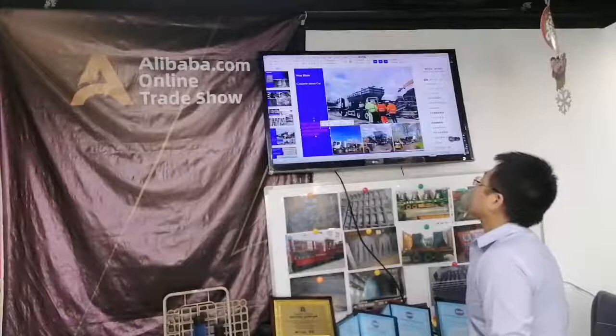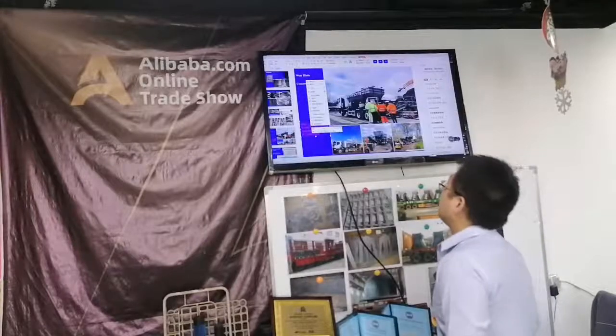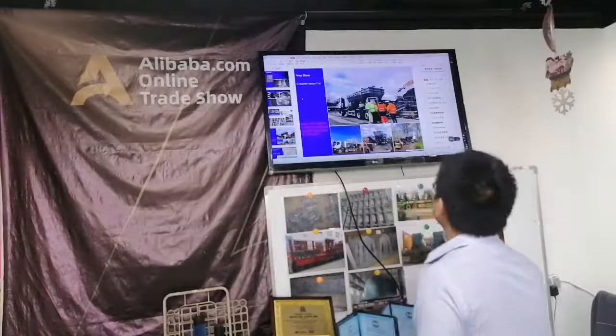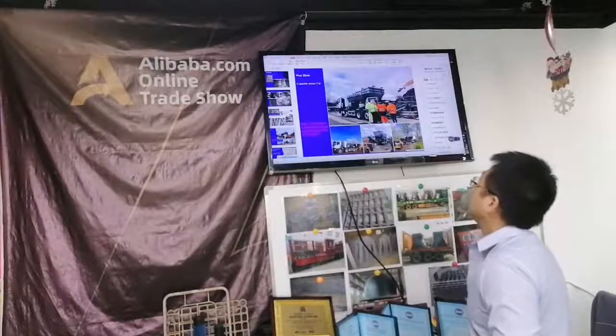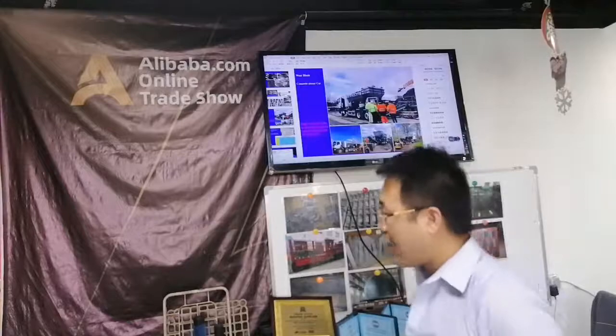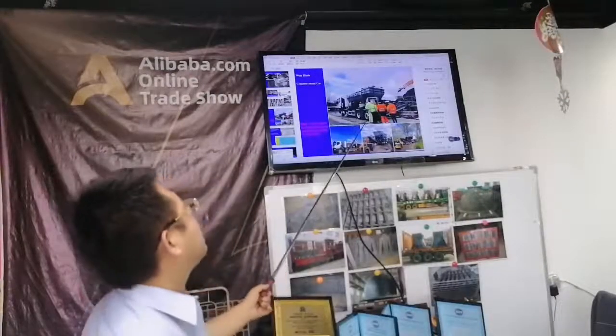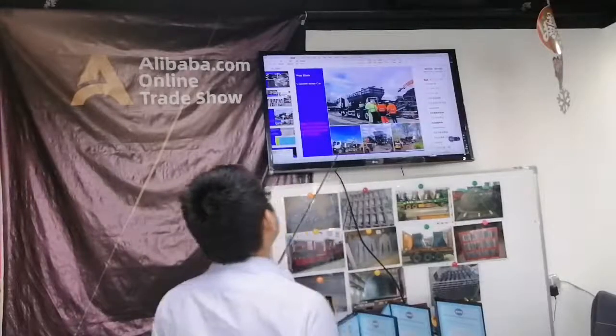And the windows we need repairing, so I can't show that. And this is our next car, like this.